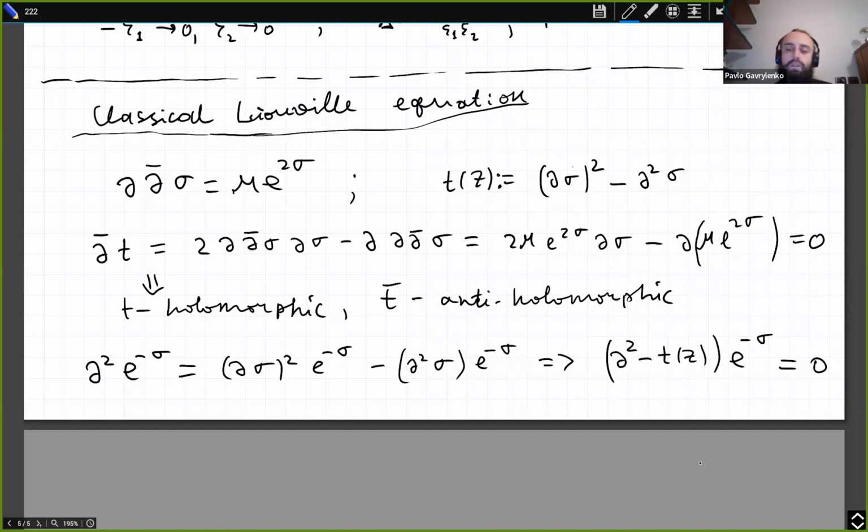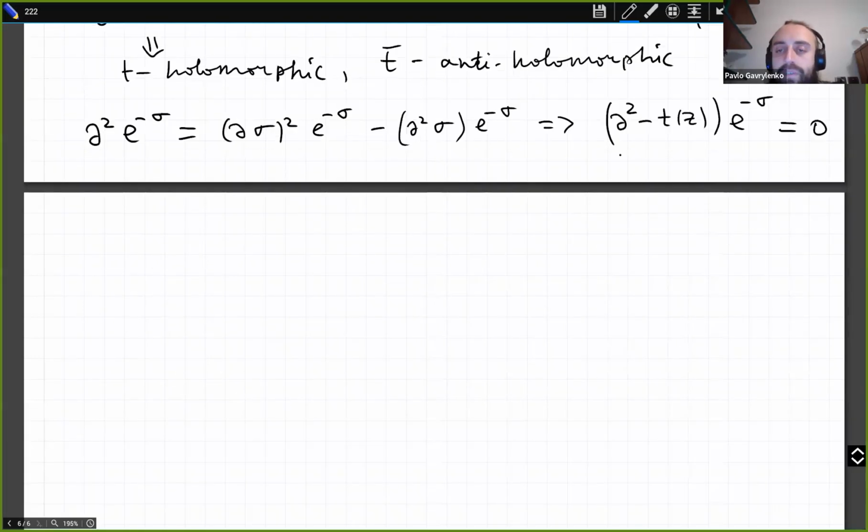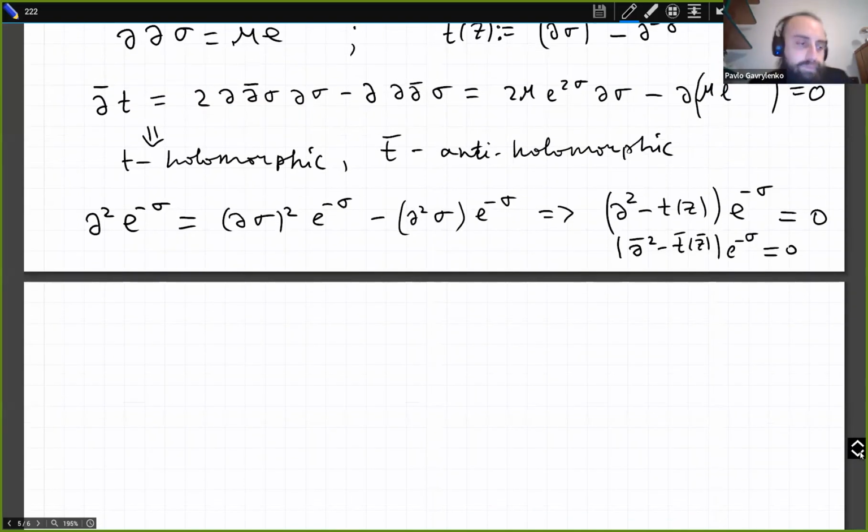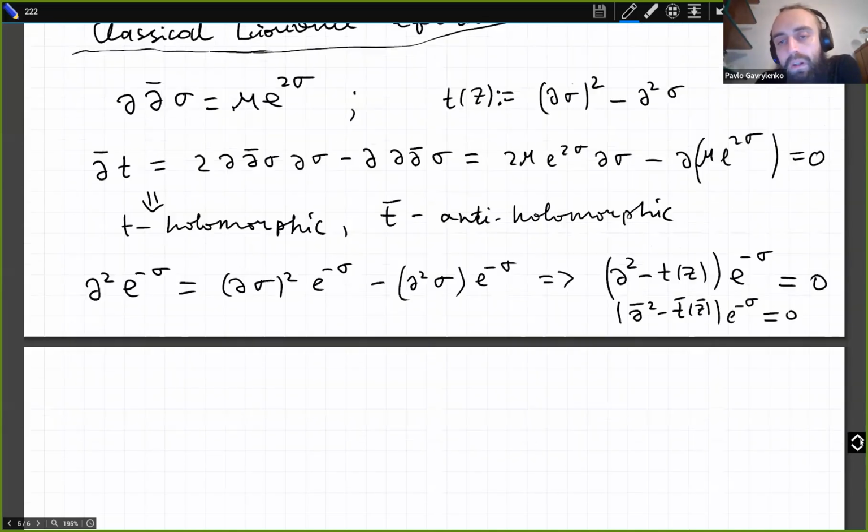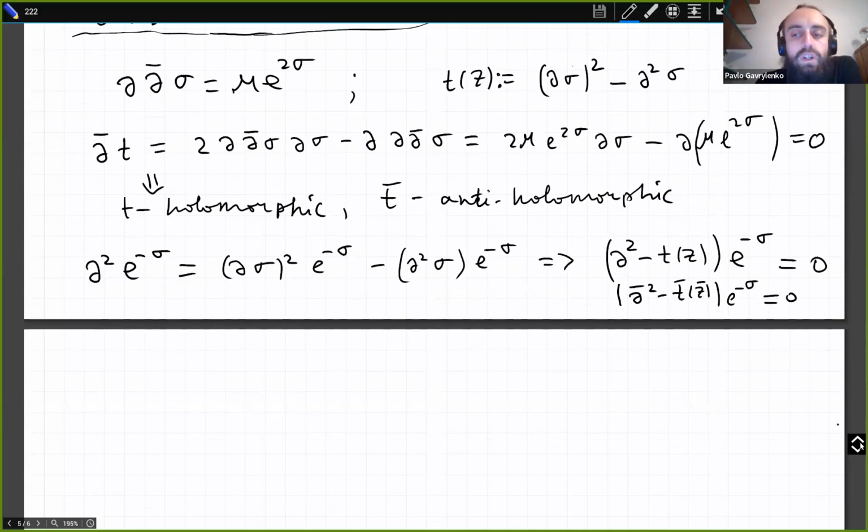And in the same way, d-bar squared minus t-bar of z-bar, acting on e to the minus sigma, is also 0. So if we want to construct a solution of the Liouville equation, we should first choose some t of z.